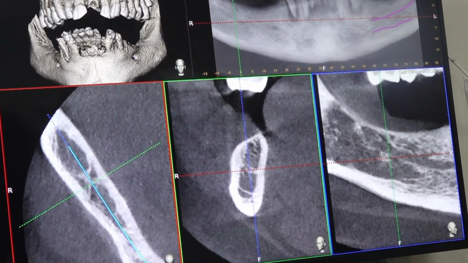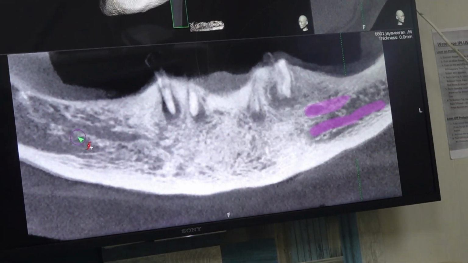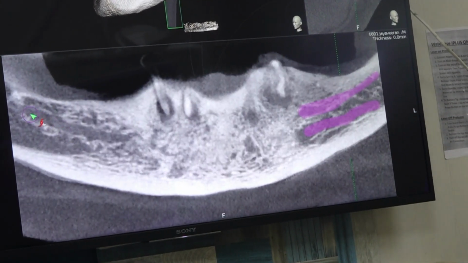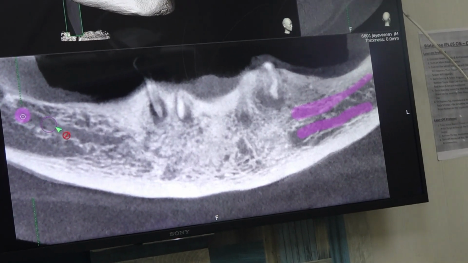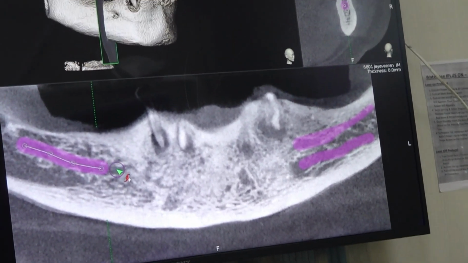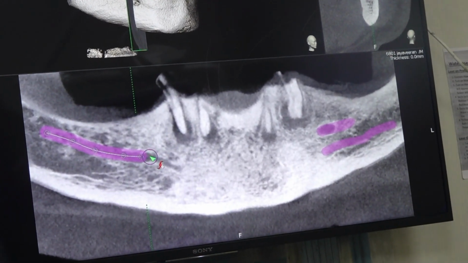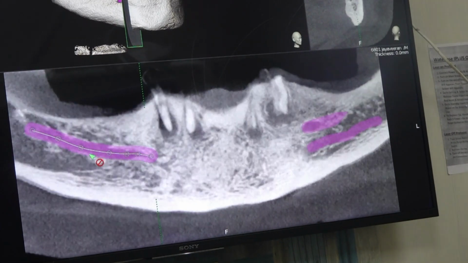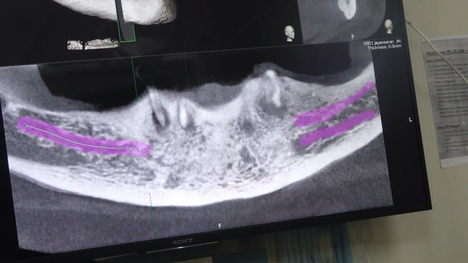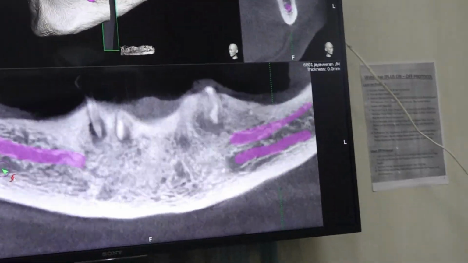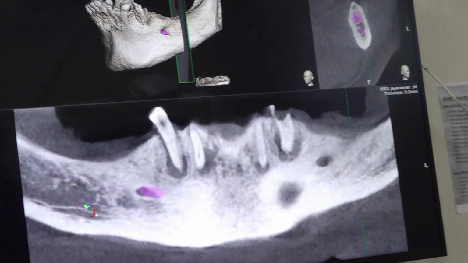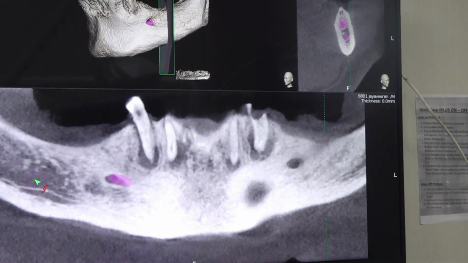We will trace the nerve in right. You can see the right side. This is one nerve, right? This is one canal. Coming very clearly, this is the one which is coming out as mental foramen. If you see the canal, there is one more. You can see here, no? Can you see a white line?